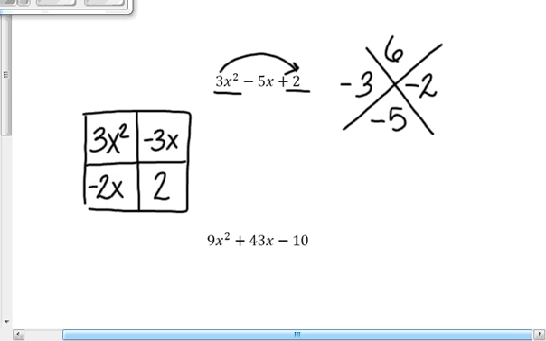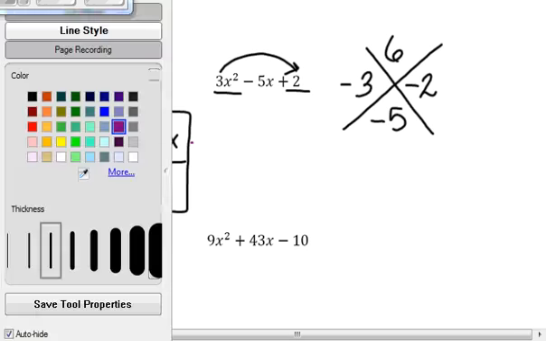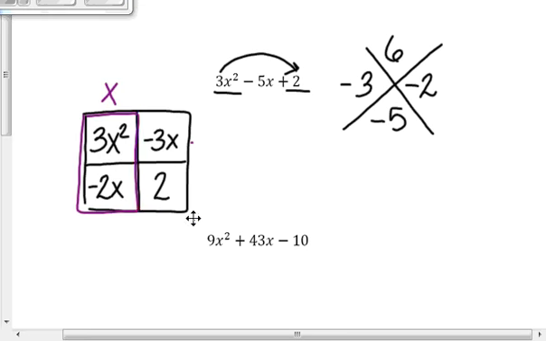So then what we need to do now is get our greatest common factors from our rows and our columns. The greatest common factor in our first column is x. The greatest common factor in our second column is just 1. And what we do is we follow the leader.